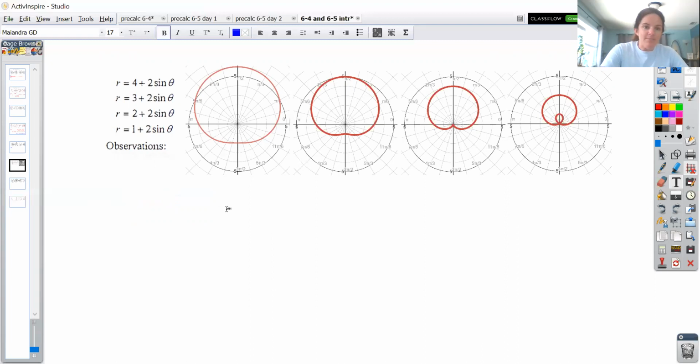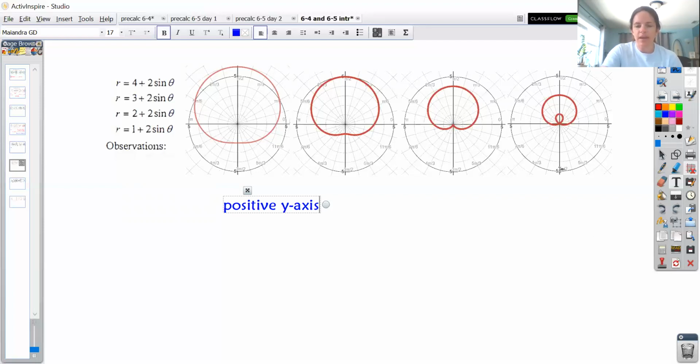So let's again make some observations. So notice that all of these are on the positive y-axis in this case, and that might have to do with the fact that this is a sine function, so we could conjecture what we think it would be if it was a cosine.